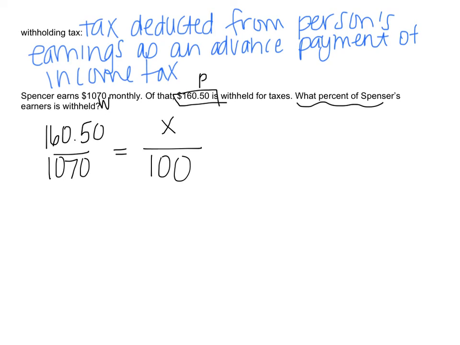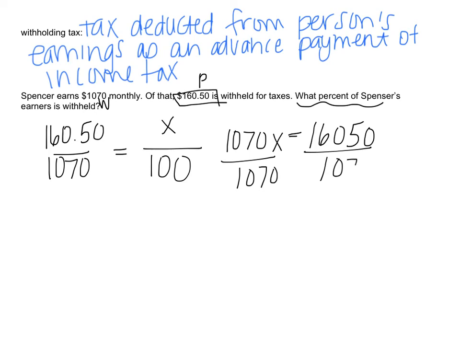Now we're just going to cross multiply. So we get 1070x equals 16,050. Divide both sides by 1070, and x ends up being 15%. So every month, 15% of Spencer's money is taken out for tax.